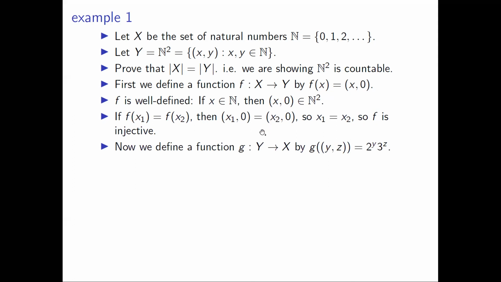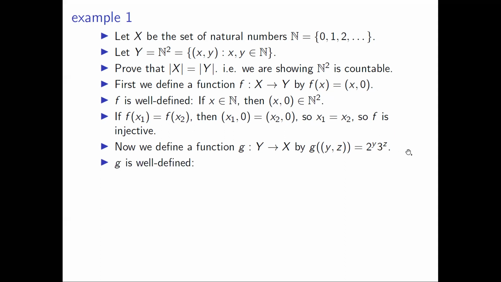So we need to define a function g from y to x. Since its inputs are ordered pairs, we'll call its input (y, z) for some ordered pair, and we'll define g of (y, z) equal to 2 to the y, 3 to the z. So we need to see that g is well defined, and we need to see that g is injective.